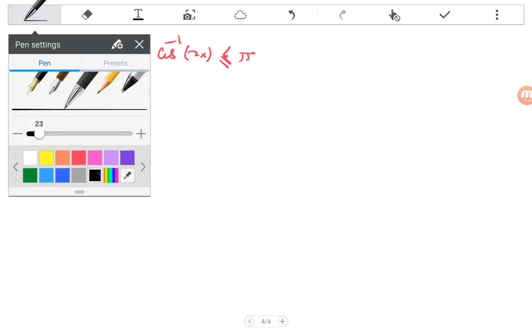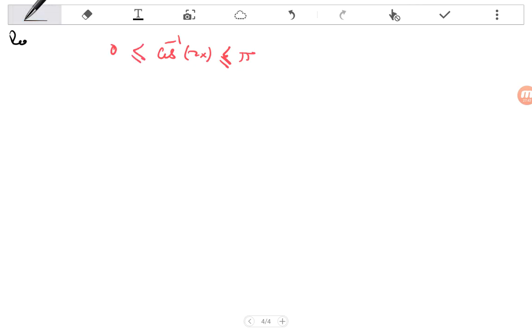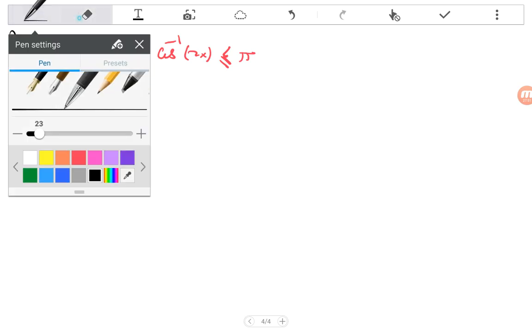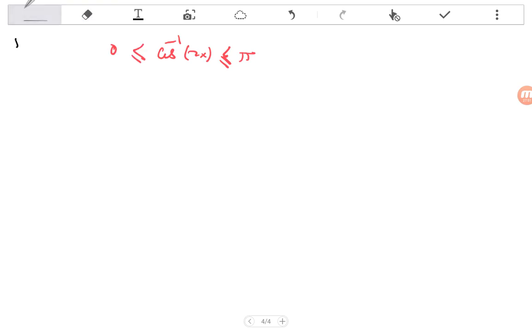Now this is the requirement. We need to find the range of y equals 3 cosine inverse 2x. Now we learned that cosine inverse has an output from 0 to pi.